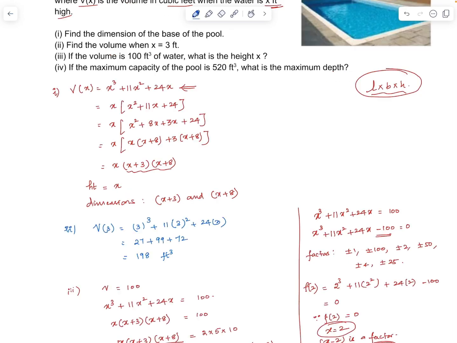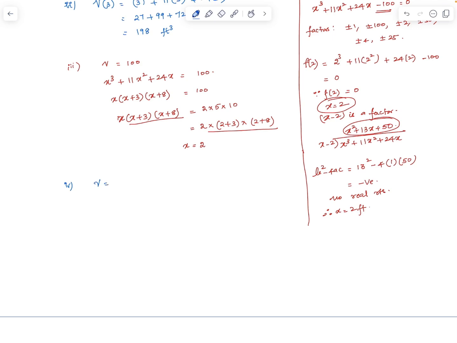Question number 4. If the maximum capacity of the pool is 520 feet cube, what is its maximum depth? That is, volume is equal to 520 feet cube. x cube plus 11x square plus 24x is equal to 520, which is x into x plus 3 into x plus 8 is 520.